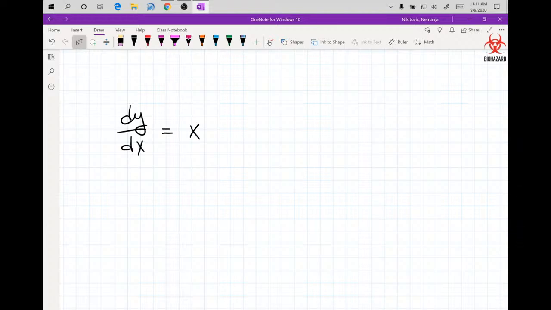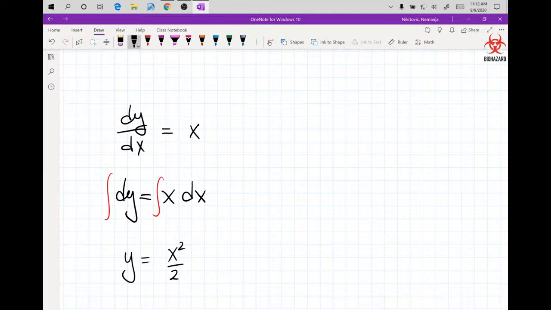We know we're supposed to separate variables, so we're just going to ship this dx to the right. So dy is equal to x dx. And then we're going to hit both sides with the integral sign. And we have our solution of y is equal to x squared over 2 plus c.